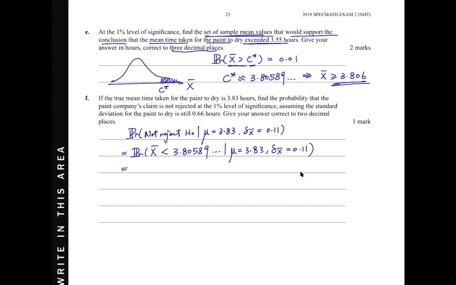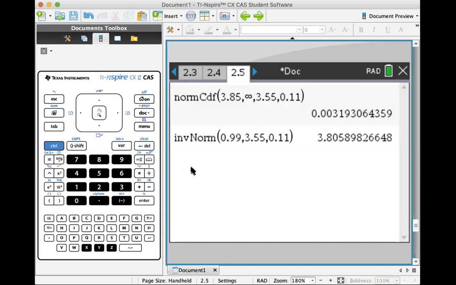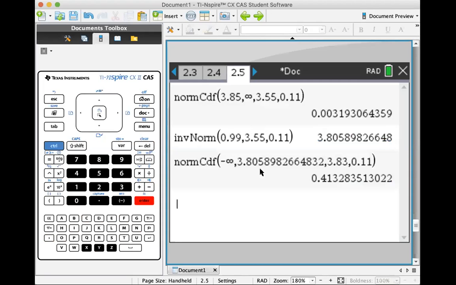Now it's time to calculate what's called the type 2 error probability. Get back to the calculator and norm CDF, minus infinity, the previous value as your critical value, 3.83, 0.11.